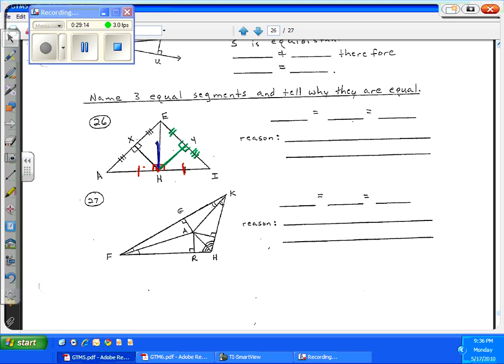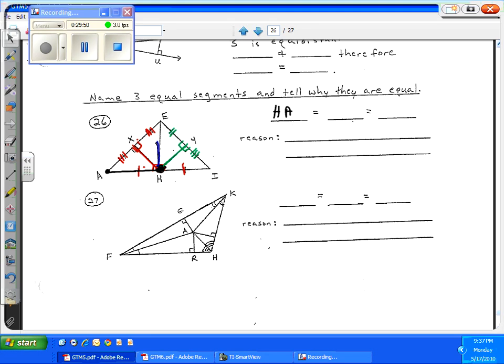We have three marks, 90. Therefore, we have the perpendicular bisector of the sides. The perpendicular bisectors of the sides of a triangle intersect at a point that is equidistant from the vertices of the triangle. That point is called the circumcenter. So that point of concurrency is equidistant from the vertices.